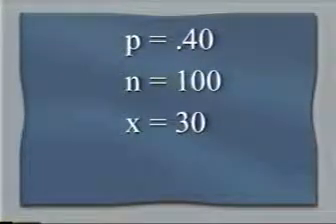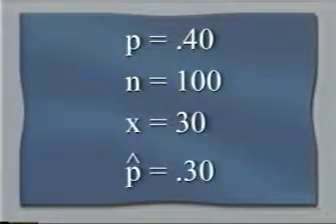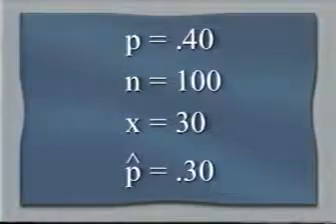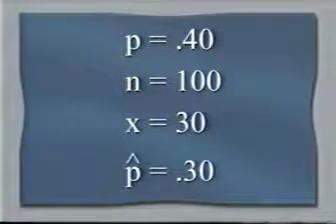And therefore our p-hat, which is x over n, is 0.30, or 0.3, which, of course, is less than the 0.40 the newspaper claimed. What is our alternate hypothesis? Our alternate hypothesis is that the percentage of citizens who favor a tax increase is significantly less than the 40% stated in the headline in our newspaper.